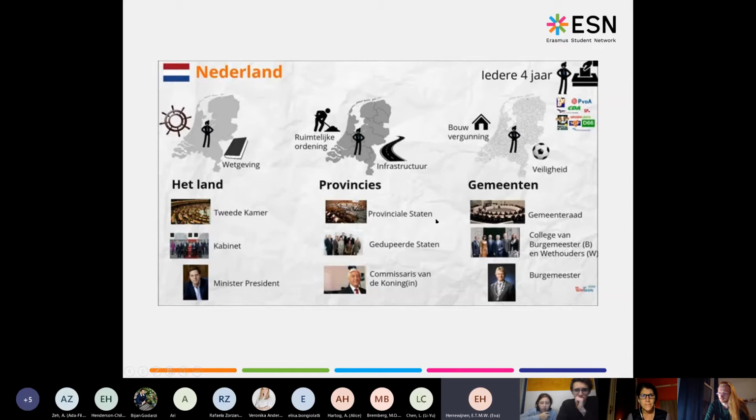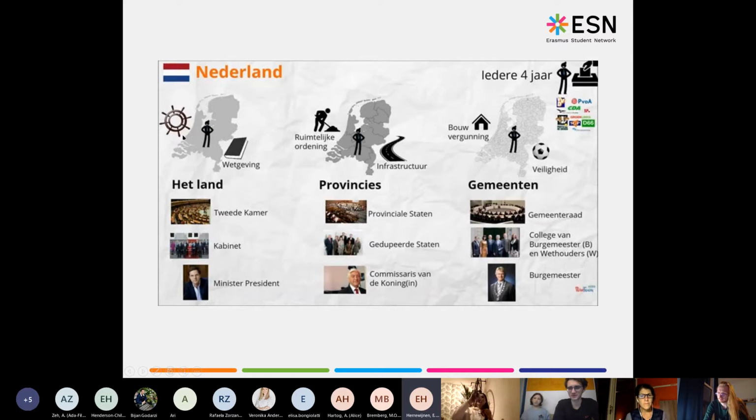And then you have de gedeputeerde staten en de commissaris van de koning in this case. And they ensure that decisions are being implemented. Each province therefore has its own administration. And then if you go to the national government, it's in Den Haag, as I said.